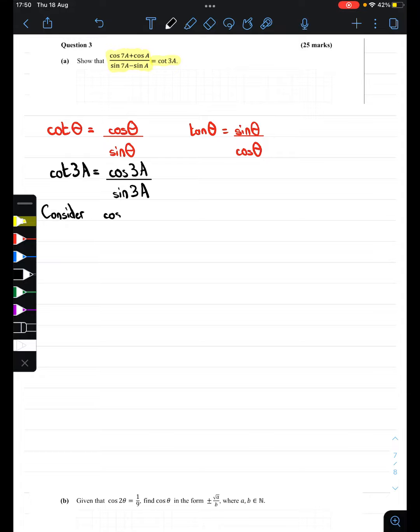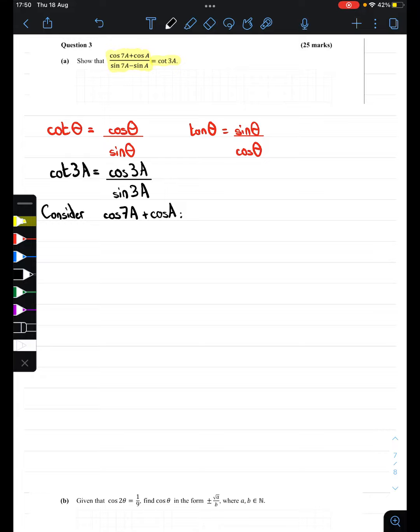plus cosine of a. So we've got the sum of two cosines, and if we go to our log tables, we actually have a formula for this.